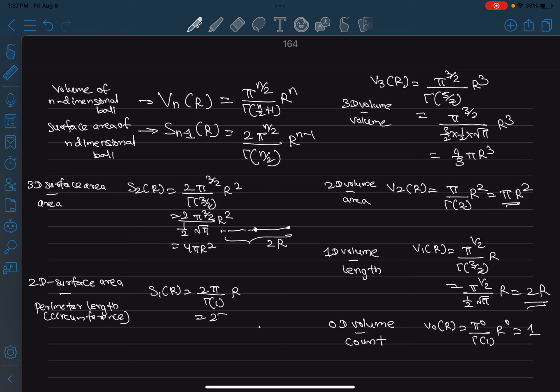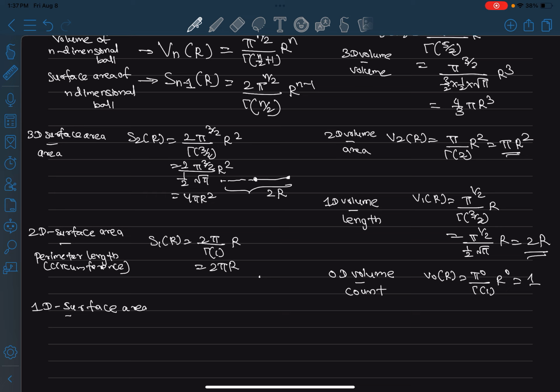And now what would be the 1D surface area? For a line, the 1D volume was length. Now what would be the 1D surface area? The surface area is actually about the boundaries. For a circle, we had the boundary length. For a sphere, we had the boundary area. Now for a line, the boundary is just the endpoints.